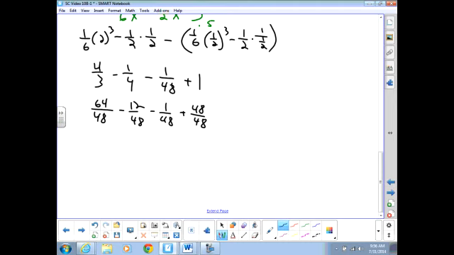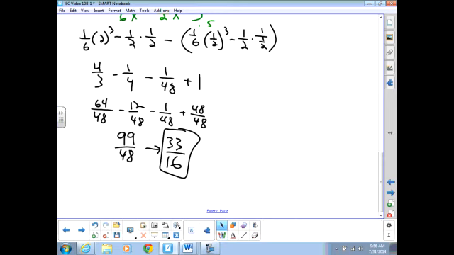So we'll have a minus 13. If you take that away from the 64, that'll give us 51. 51 and 48 will give us 99 over 48. You can divide each of those by 3, which will end up giving us 33 over 16. And that is the length of our curve from 0.5 to 2.